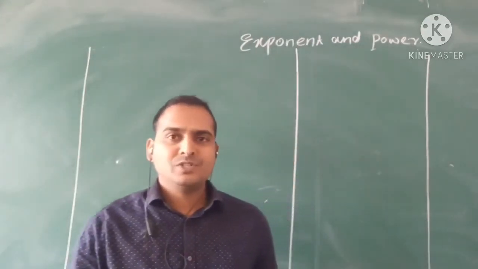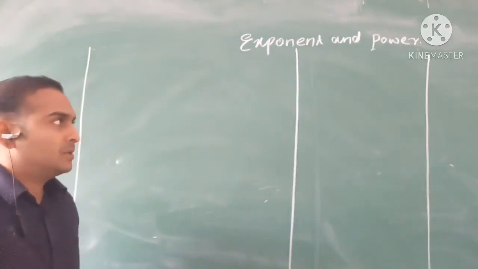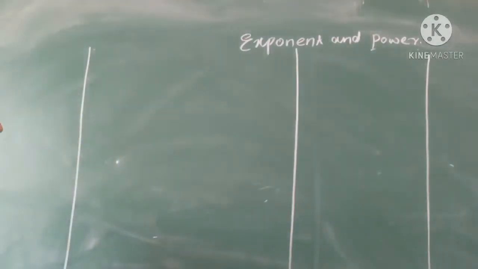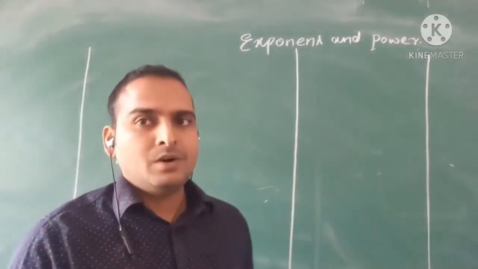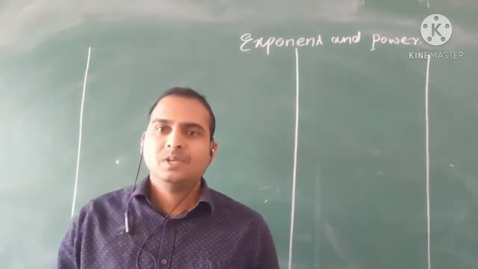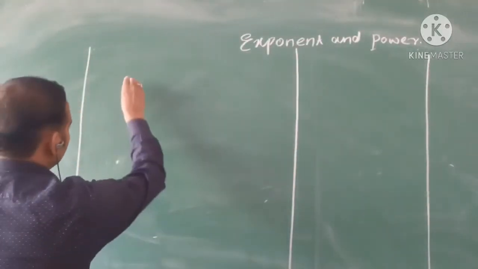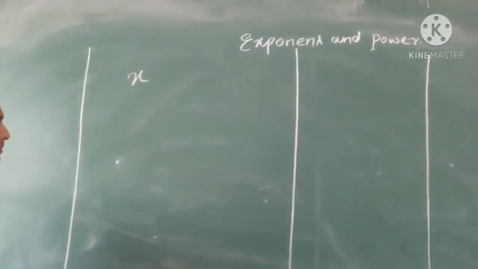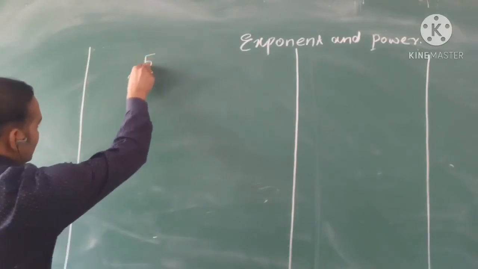Today I am going to start a new chapter, exponent and power. First of all, we will come to know what is exponent and what is power. Let a number x and this one is 5.